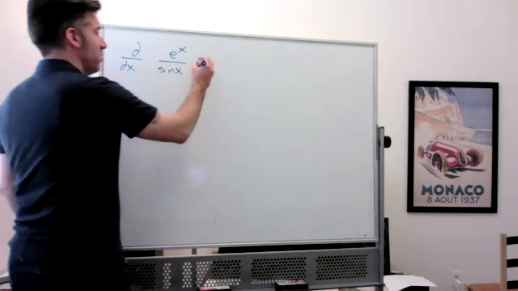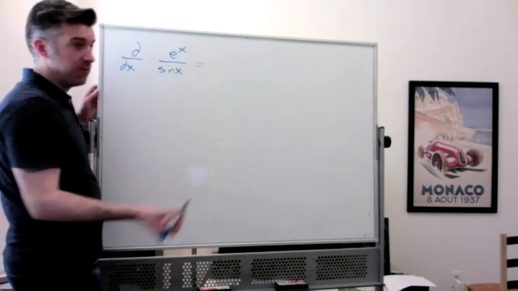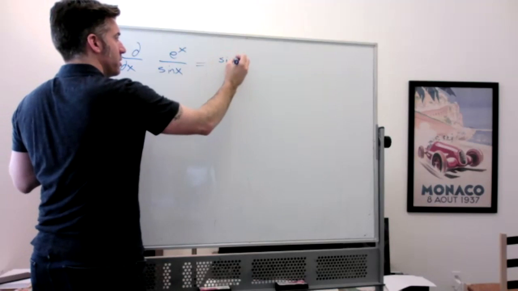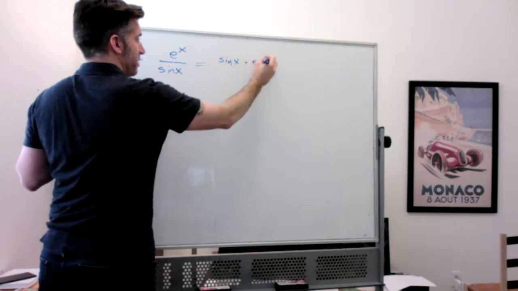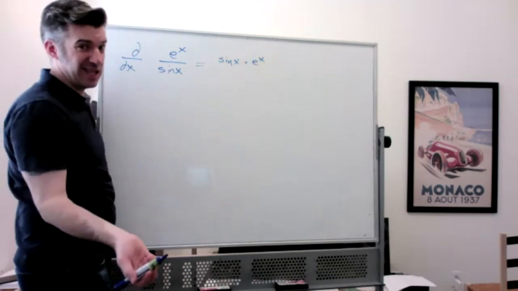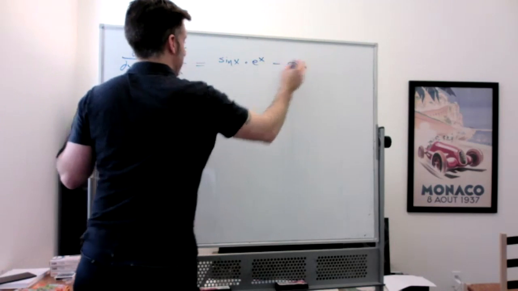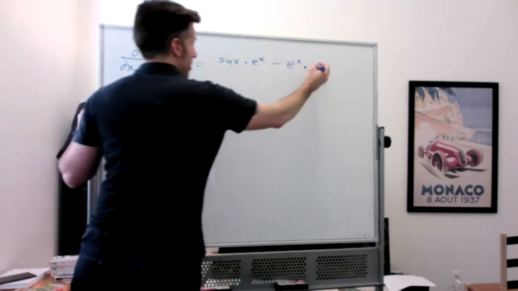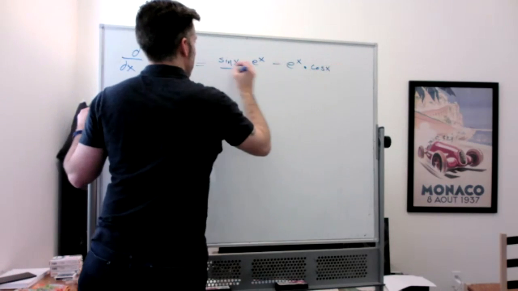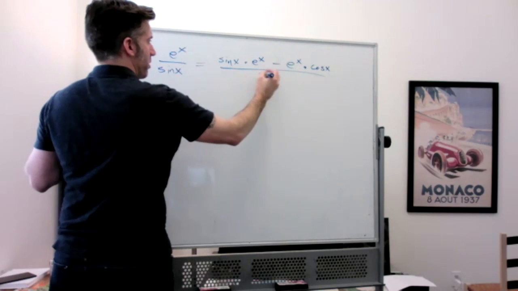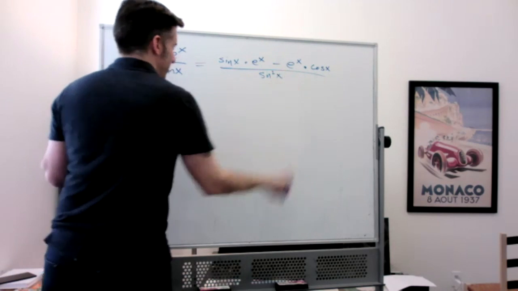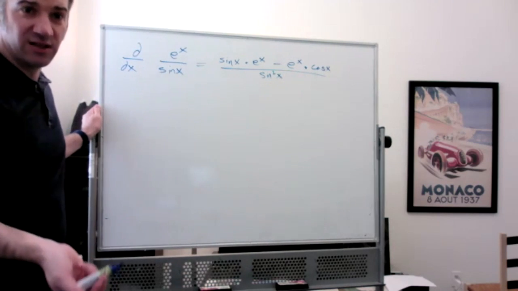So the derivative here, and here's really the way I think about it: it's the bottom times the derivative of the top, and the derivative of e to the x is just e to the x, minus the top times the derivative of the bottom. The derivative of the bottom is cosine of x, all over the denominator squared. And usually I would probably leave this unsimplified.